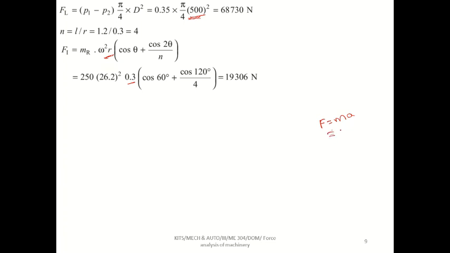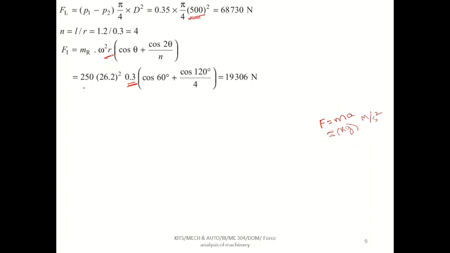For mass they'll give the unit in kg, and for acceleration they'll give the unit in meter per second square. That's why we are putting the value in meter.